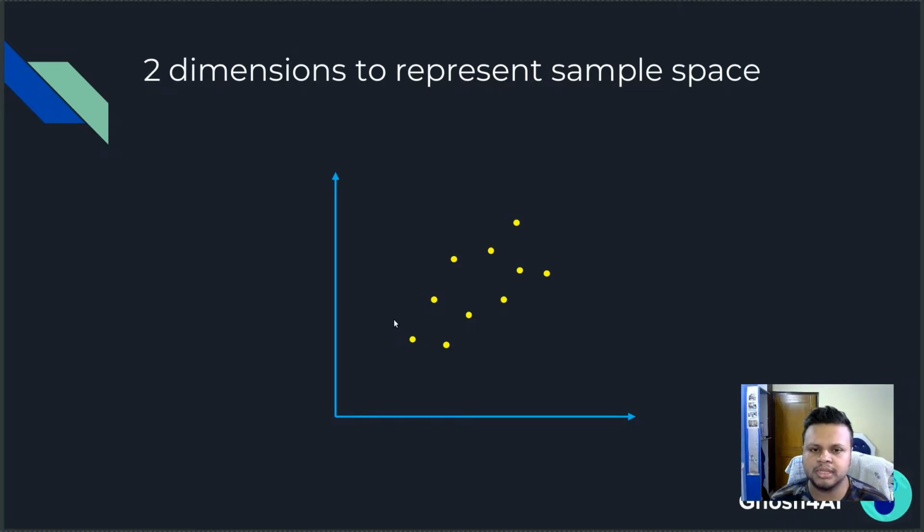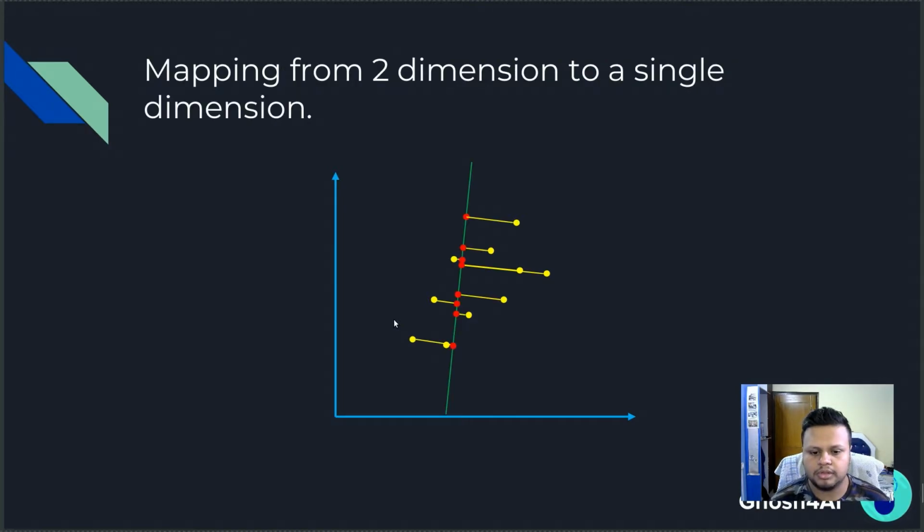In a single dimensional representation, we'll have only one axis. If we draw an axis and map these samples onto that axis, by drawing perpendiculars from the samples onto that axis, then we get a different representation of the sample points on this new axis that we have just created.